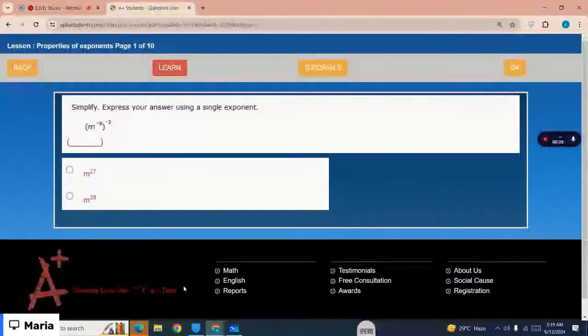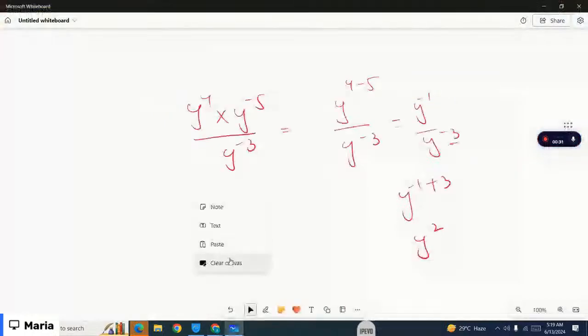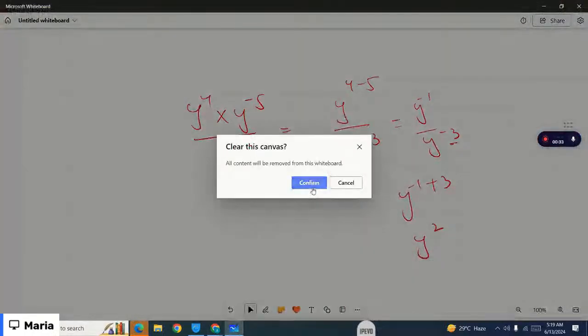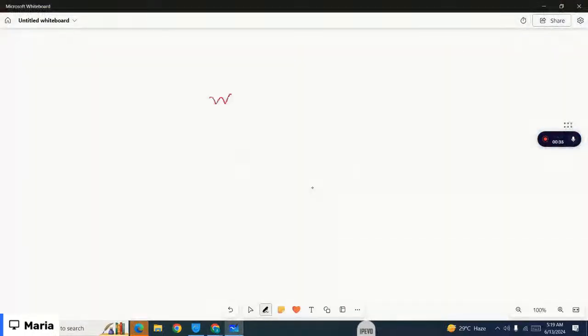Okay, simplify m exponent negative 9, all exponent negative 3, right? When you have exponents like this, a exponent m, exponent n, you multiply them, m times n.